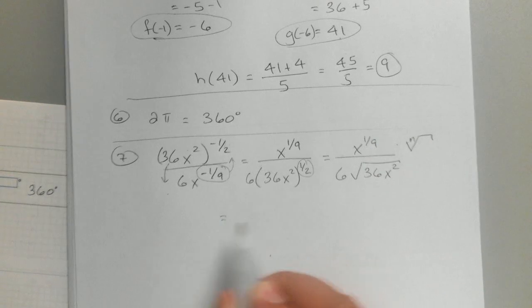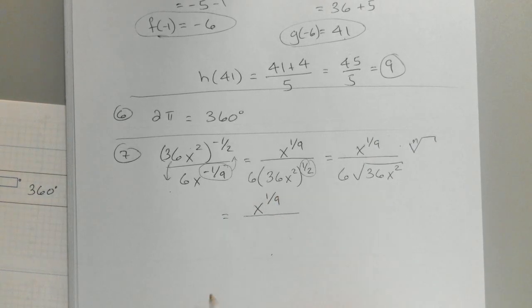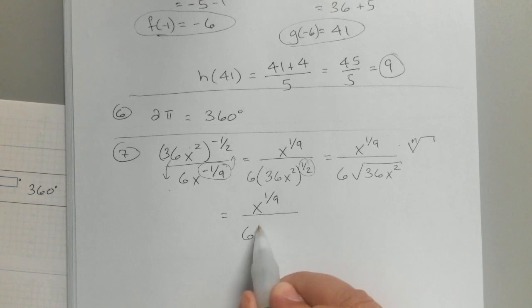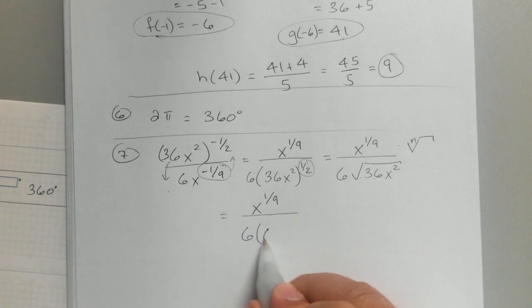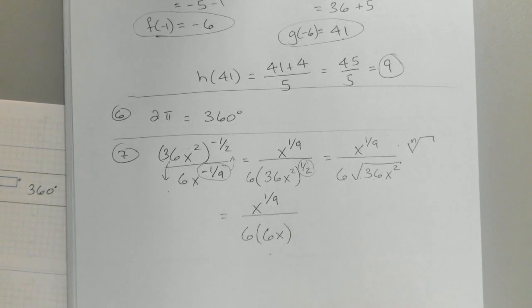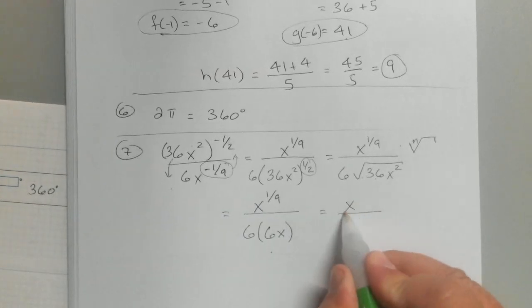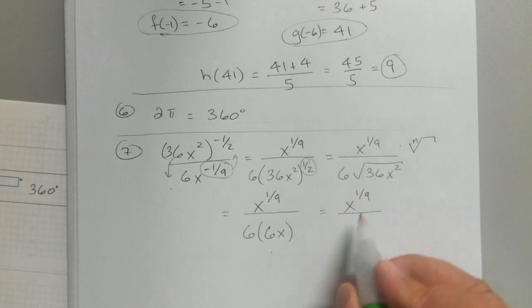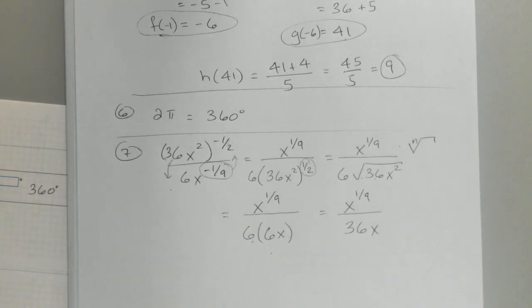So let's look at what we have here. The square root of 36 is what? 6. The square root of x squared is? X. Six times 6 is 36. Are we done?